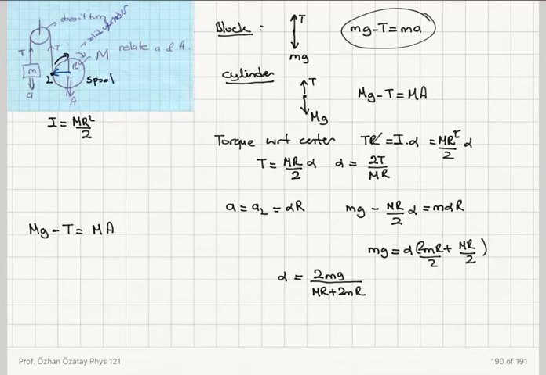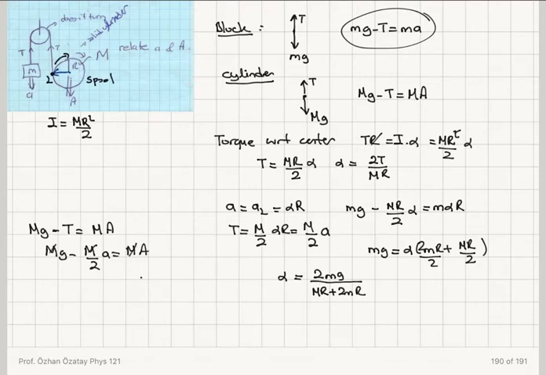Now, capital Mg minus T is equal to capital Ma. Okay, and T is equal to M over 2 times alpha R, so it is actually M over 2 times a.